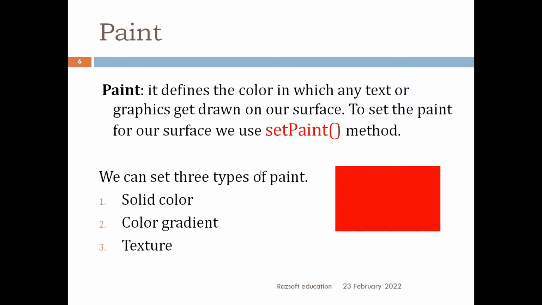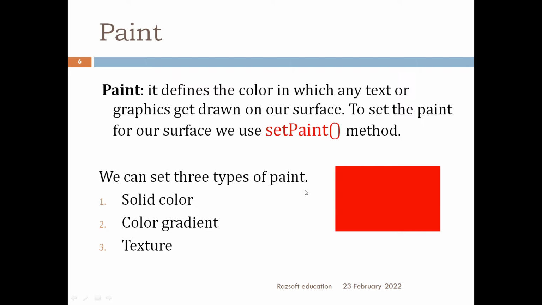Like we set the red paint and fill a rectangle, then the whole rectangle gets drawn in red color. And previously we drew the rectangle in black color, so only a single black color rectangle gets drawn in full black color. So it is a solid color paint.